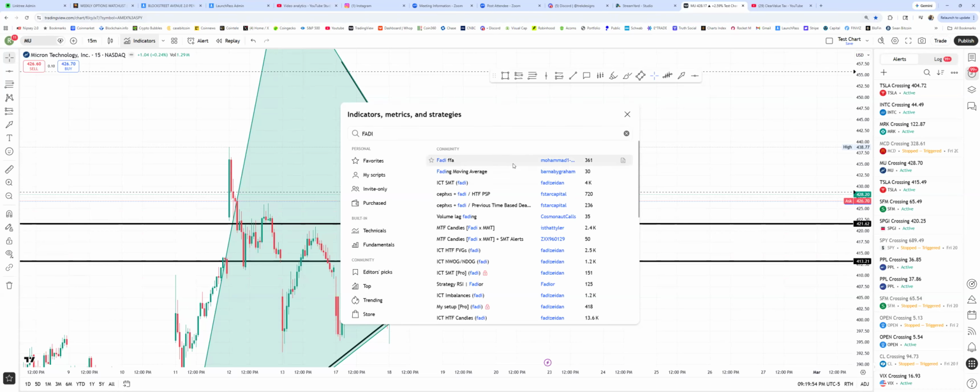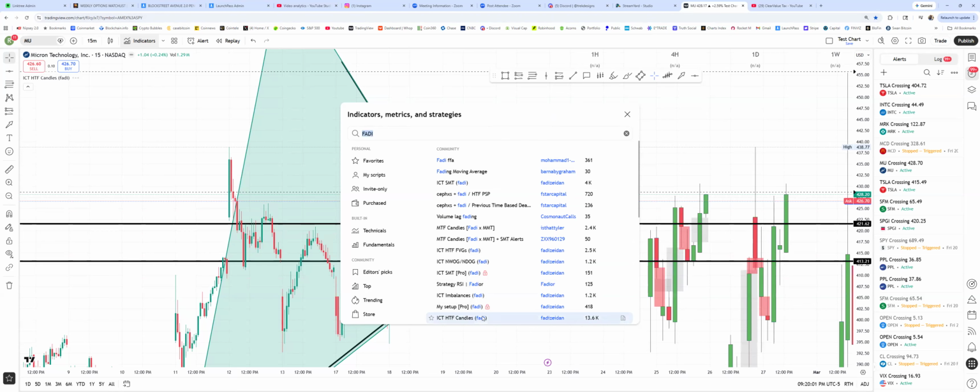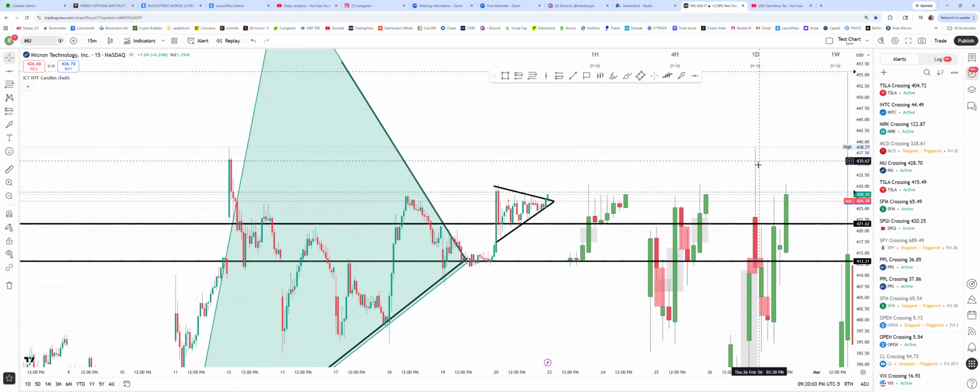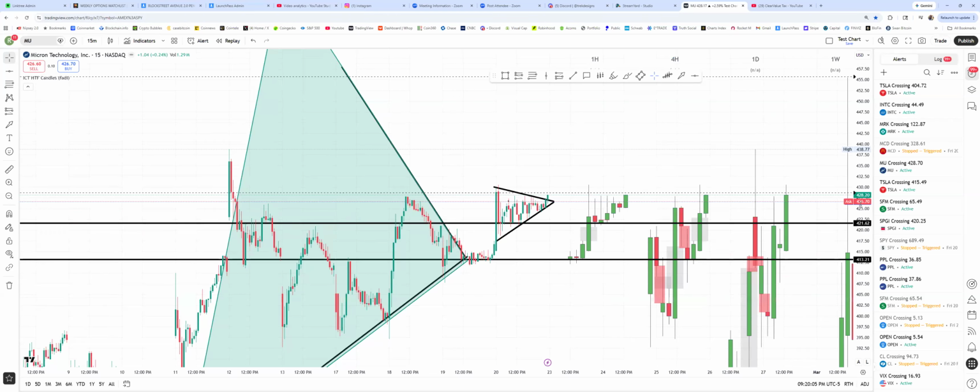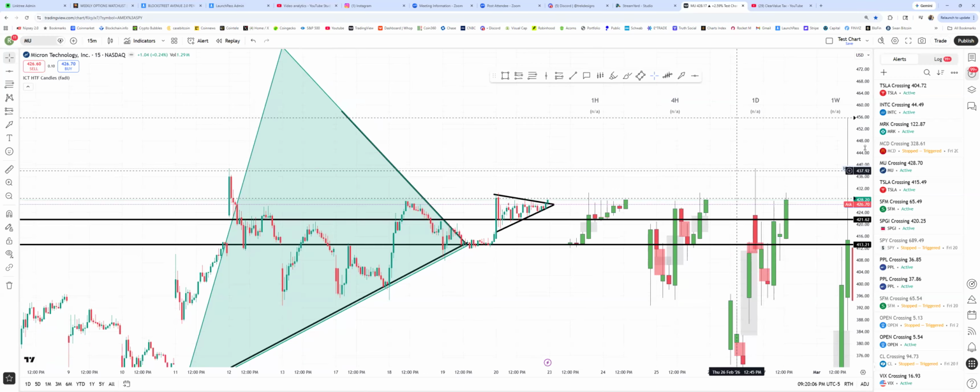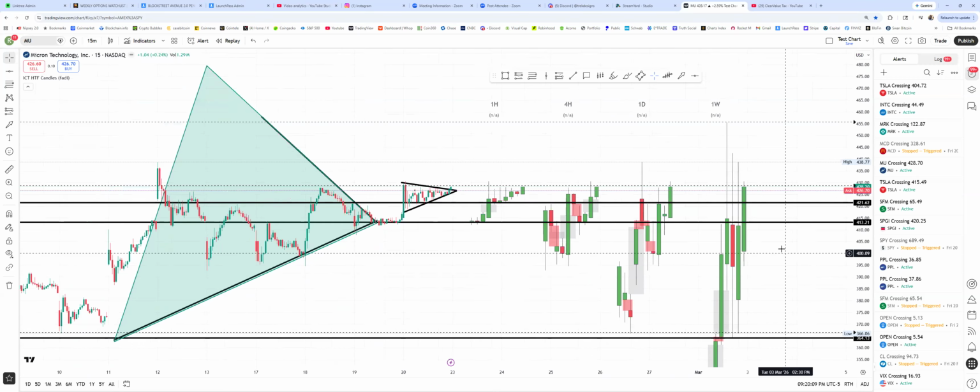ICTHTF. I see it at the bottom of your list right there. All right, let's see. Oh hell no, they got 13K users. Nah, I can't get jiggy with this. What is this?